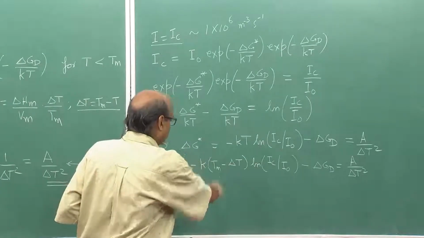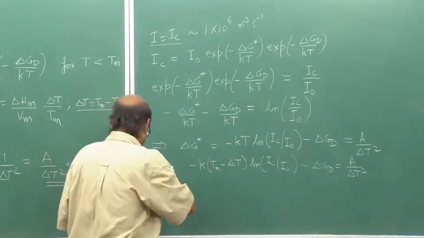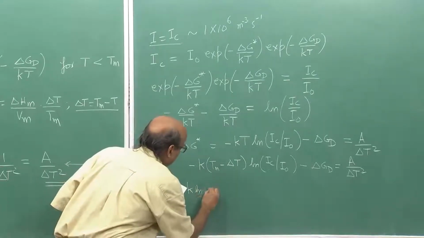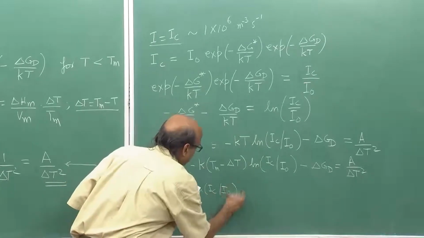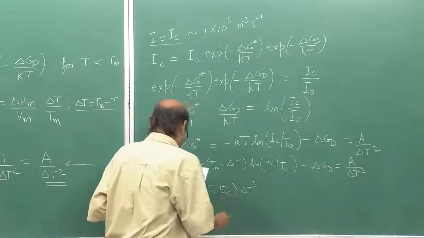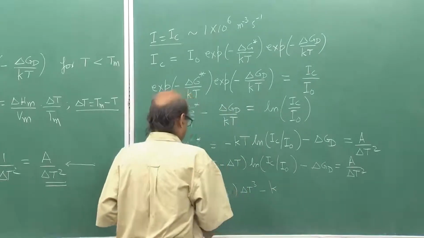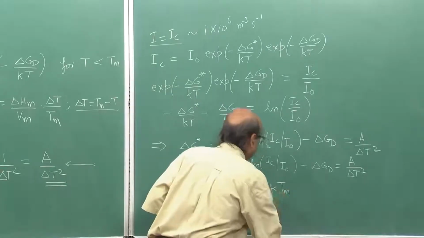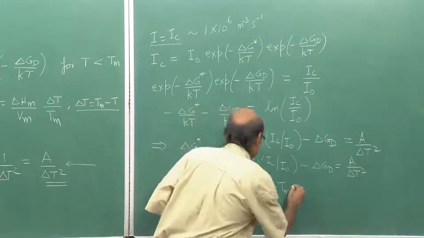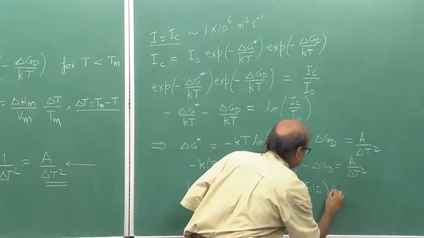So, let us try to do some more rearrangement and one will get k ln IC upon I naught delta T cube minus k Tm ln IC upon I naught times delta T square.